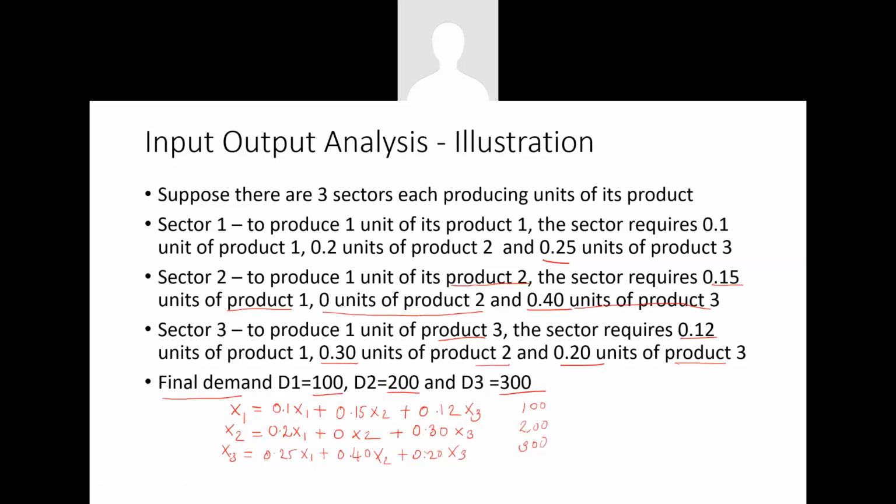This x1, x2, x3 can be presented in a matrix form. The same information is presented here: x1 equals 0.1 x1 plus 0.15 x2 plus 0.12 x3, and similarly x2 is equal to 0.20 x1 plus 0 x2 plus 0.30 x3.